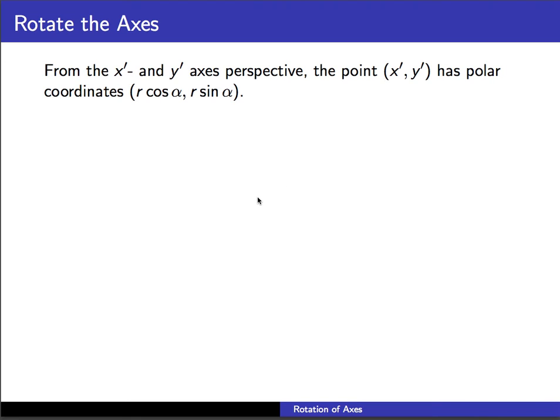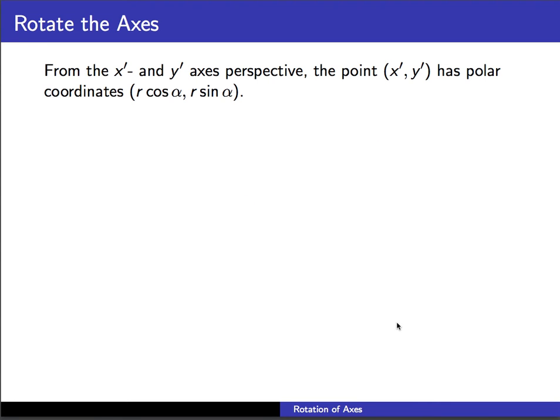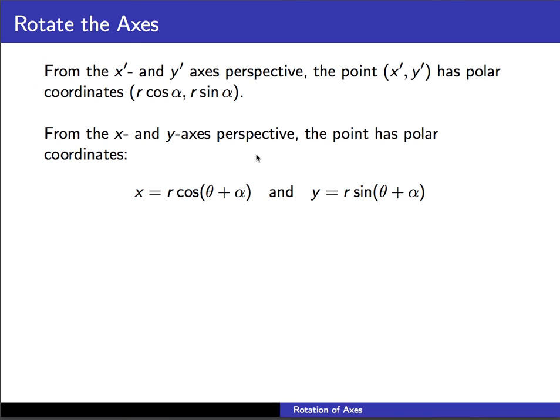From the x prime and y prime axes perspective, the red axes perspective, the point x prime, y prime has polar coordinates r cosine alpha and r sine alpha. So from the red axes perspective, the point has what the original perspective had: an x coordinate of r cosine alpha and a y coordinate of r sine alpha.